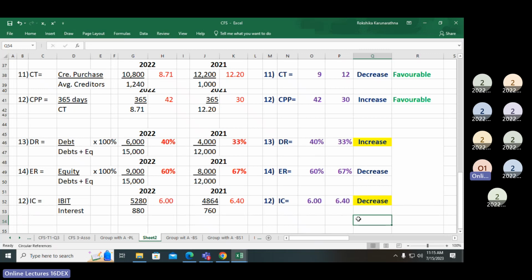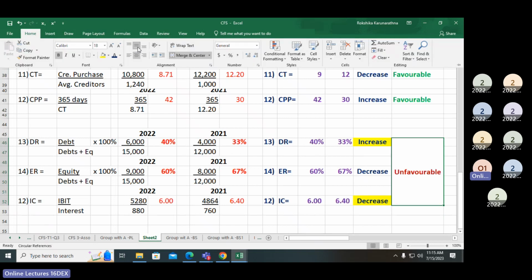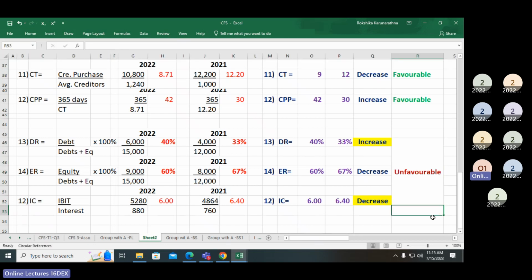Both are unfavorable, right? So overall, we can say it is unfavorable. We are not commenting one by one. We are commenting on the overall result as a whole.